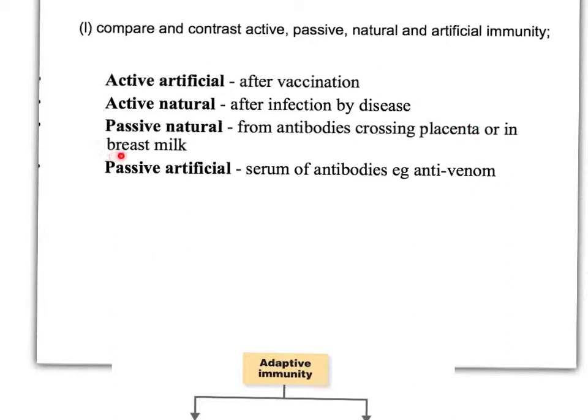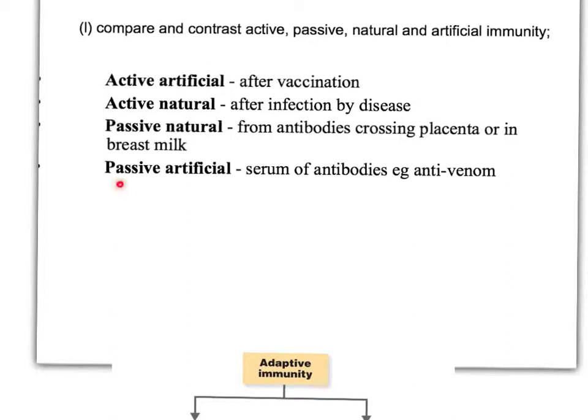They also can occur in breast milk. So the newly born baby can get some passive natural immunity if he or she is breastfed, i.e. diseases which the mother is immune to, the developing child will also be immune to.